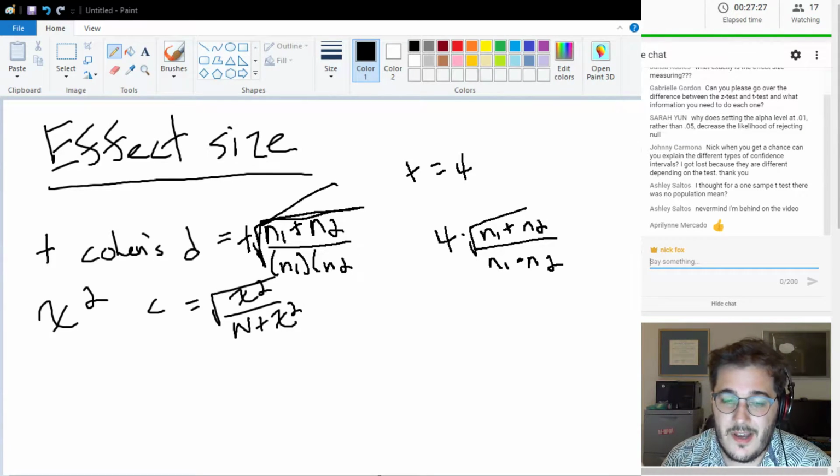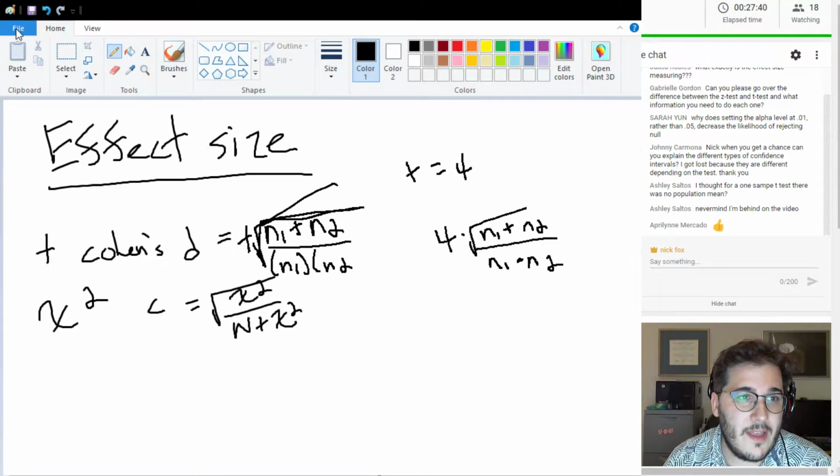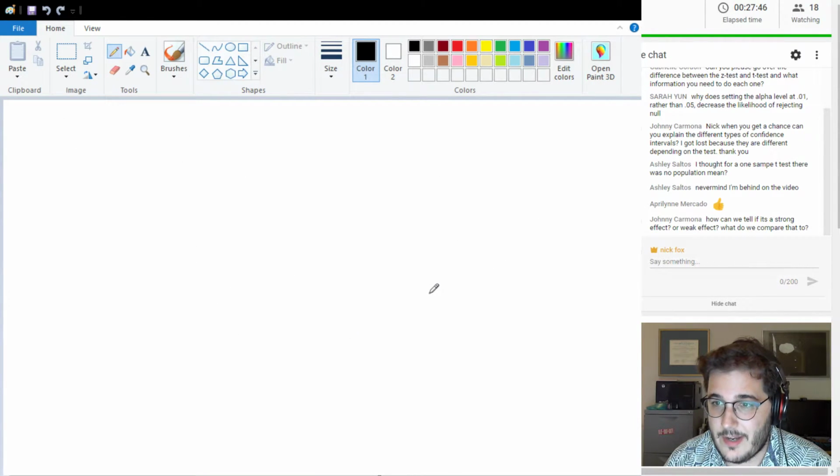It just is a subjective kind of measure of your independent variable on your dependent variable. So that's effect size. Always, always, always calculate effect size if you reject the null. Even if the question doesn't ask, just do it out of habit.